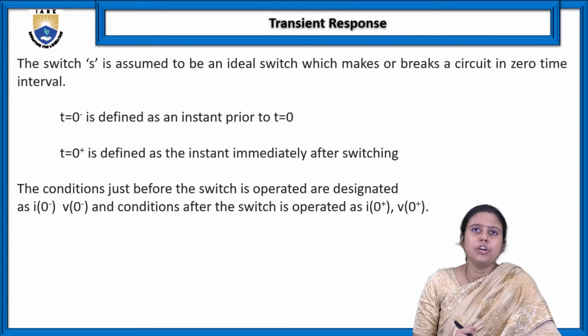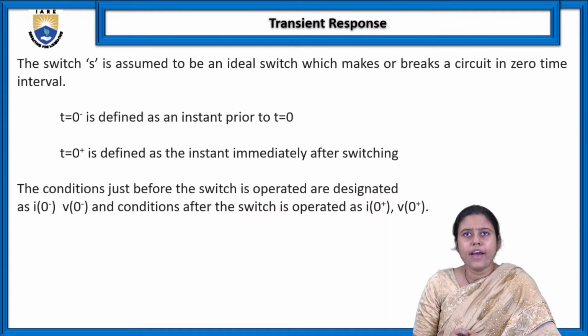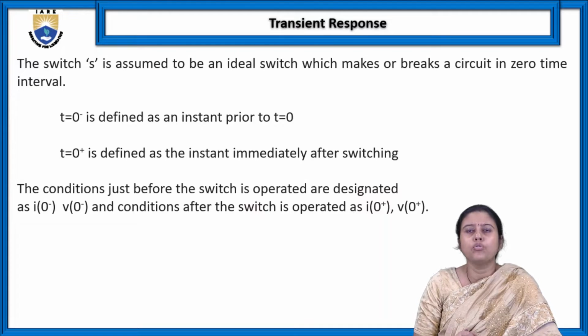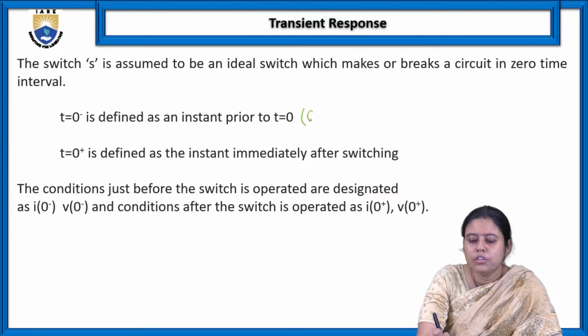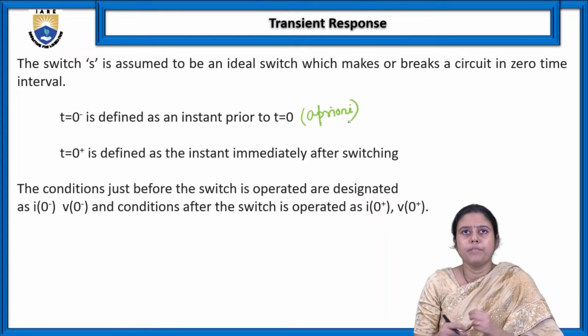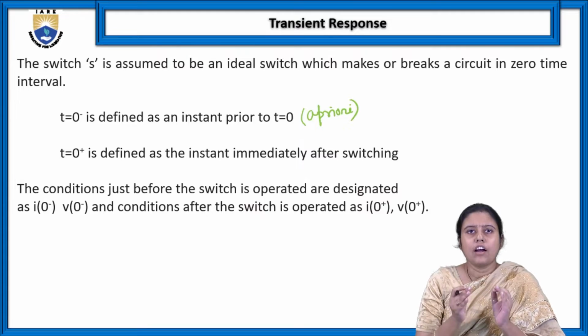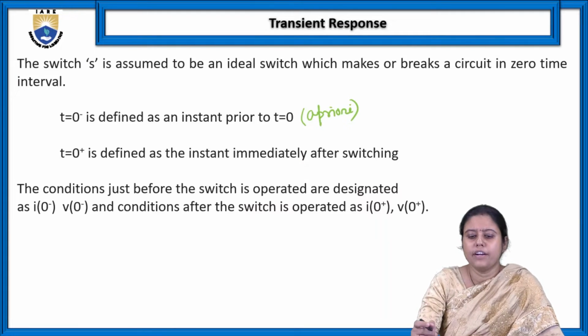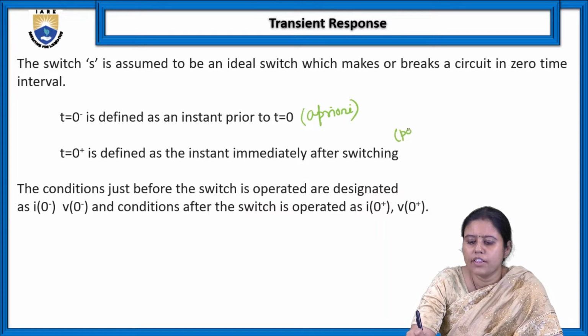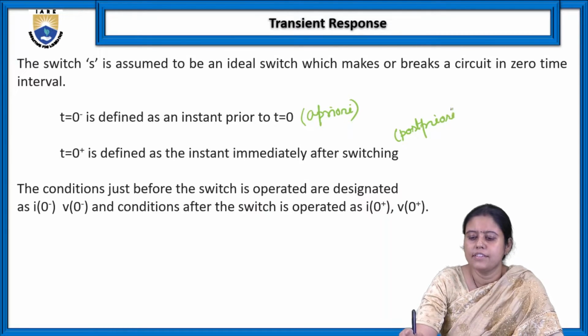t is equal to 0 minus is called the a priori, or the instant prior to t is equal to 0. It is called the a priori system. A priori system means just before the switching. The condition just before the switching is the a priori system, and the condition just after the switching is called the post priori system.